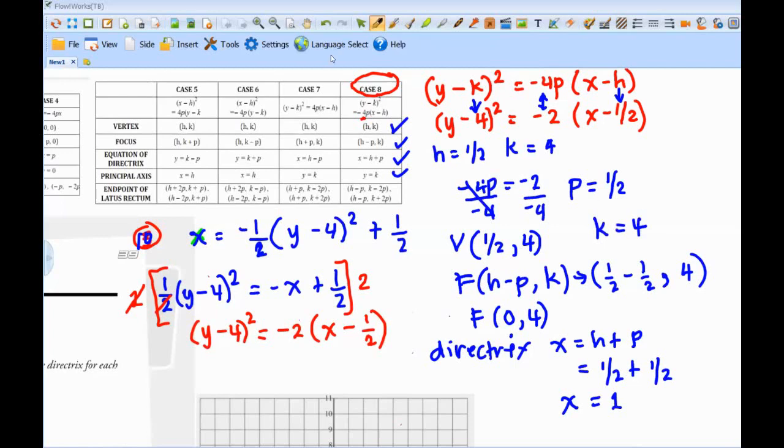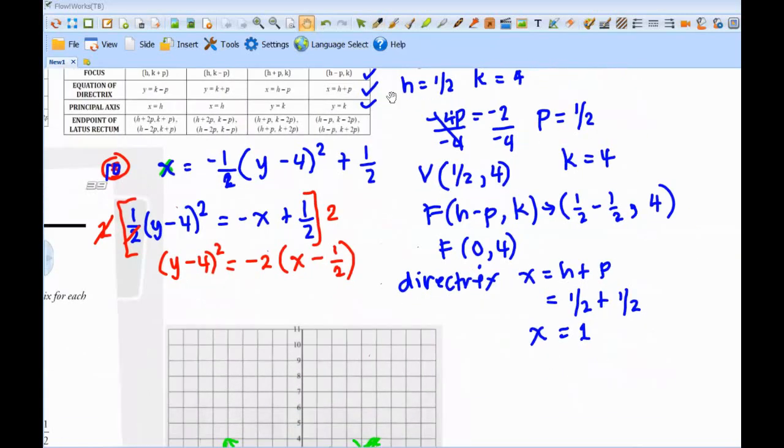That's the principal axis. And then the endpoints of the latus rectum, we have h minus p and k minus 2p.